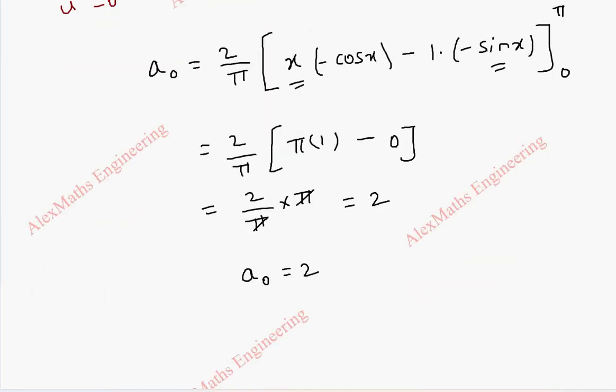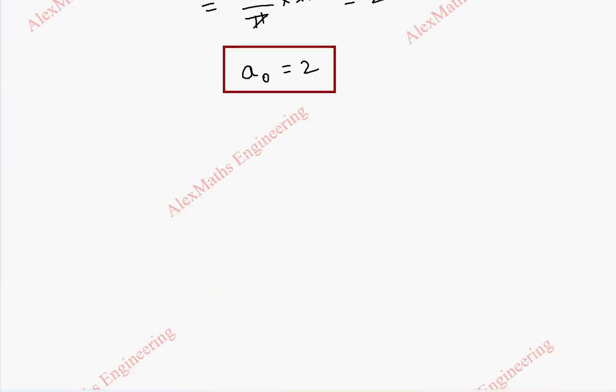After getting a naught, let's find an. By formula, an is 2 by pi integral 0 to pi f of x into cos nx dx.